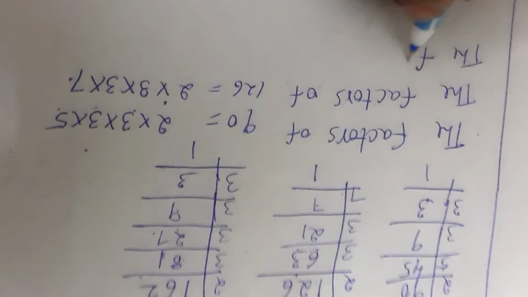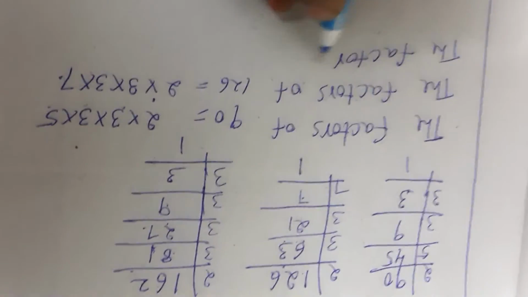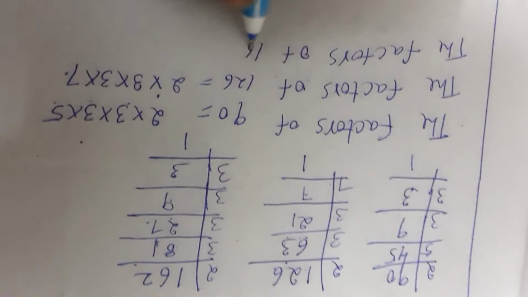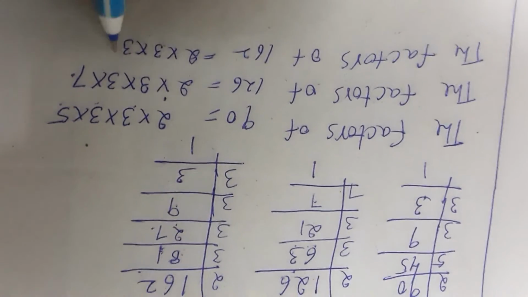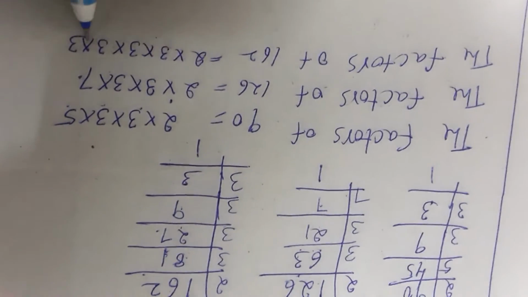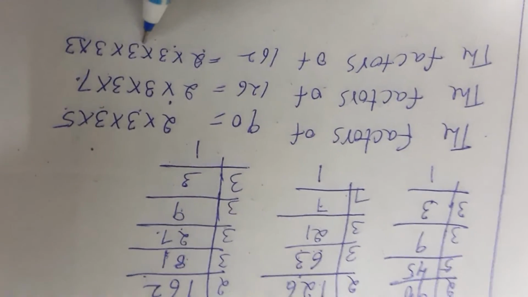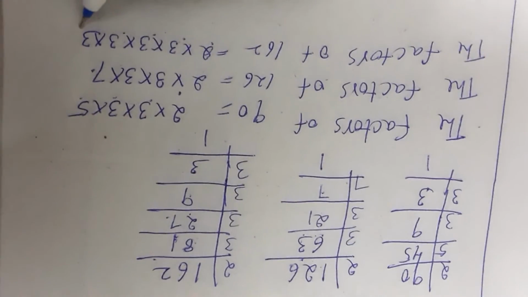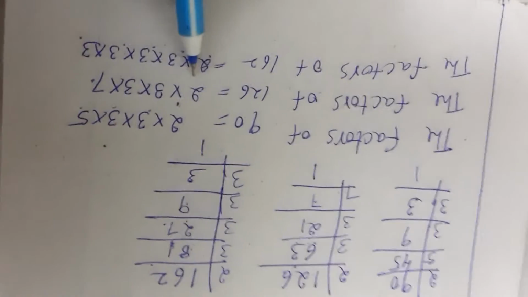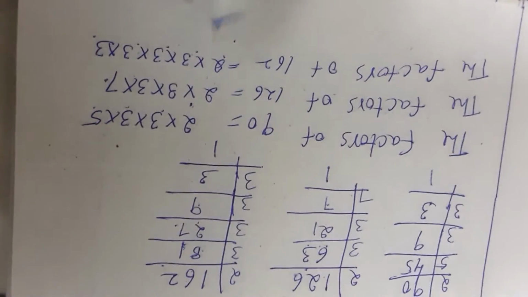The factors of 162 are 2 into 3 into 3 into 3 into 3. 2 threes are 6, 6 threes are 18, 18 threes are 54, 54 threes are 162. So these are the factors of 90, 126 and 162.